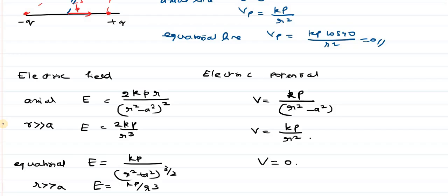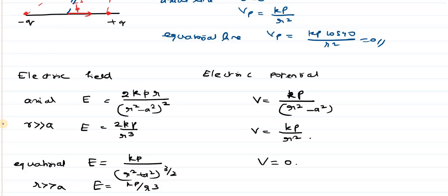Is that clear? Any doubt here? Remember, along the equatorial line, the comparison is to show that the electric field is not 0, but the potential can be 0 at those points. Clear?